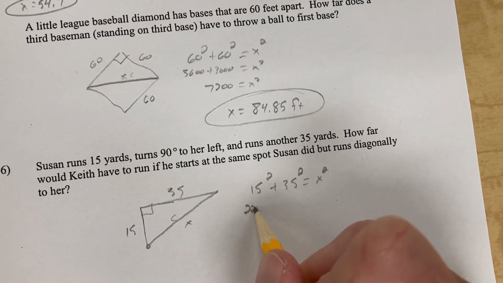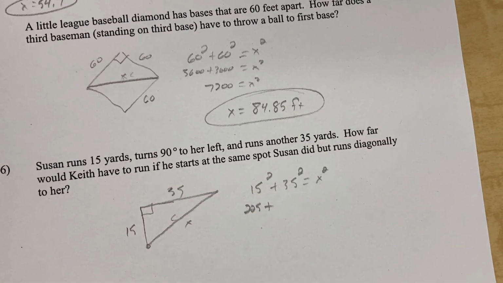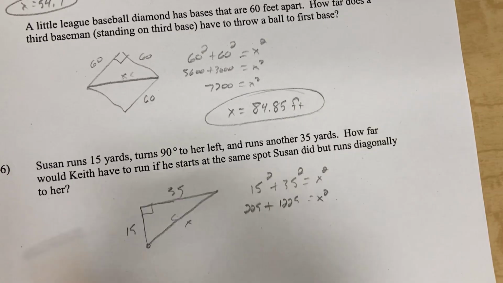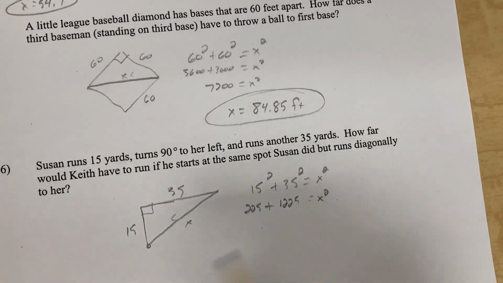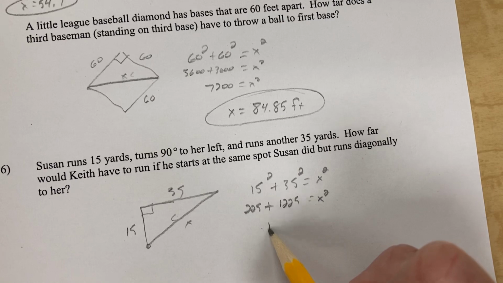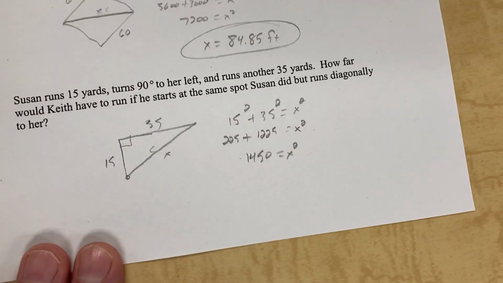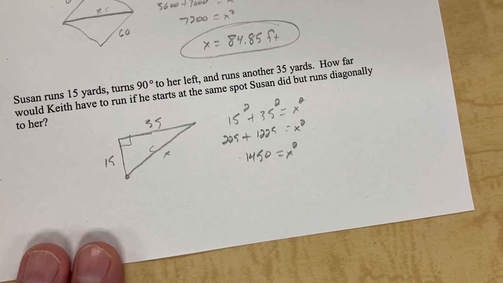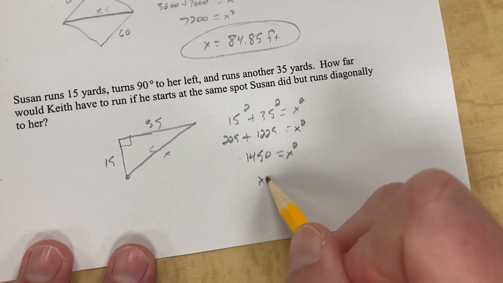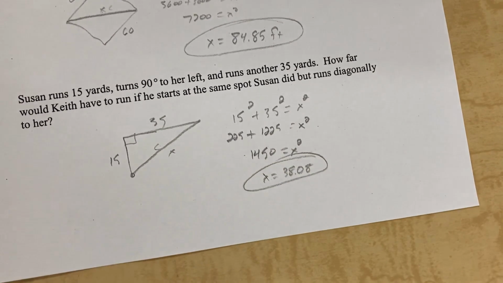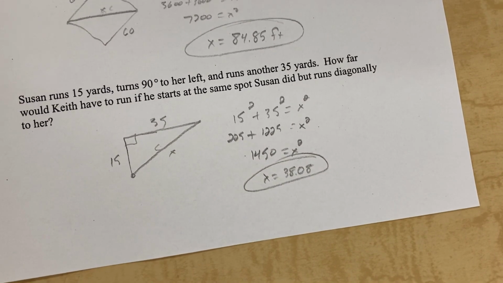So 225 plus 1225 equals x squared. Add that up, and we get 1450 as our x squared. Take the square root of 1450, and we get 38.08. So that's how far they would have to go.